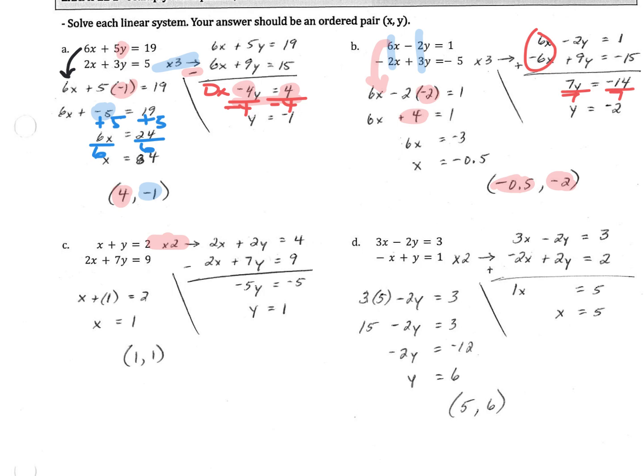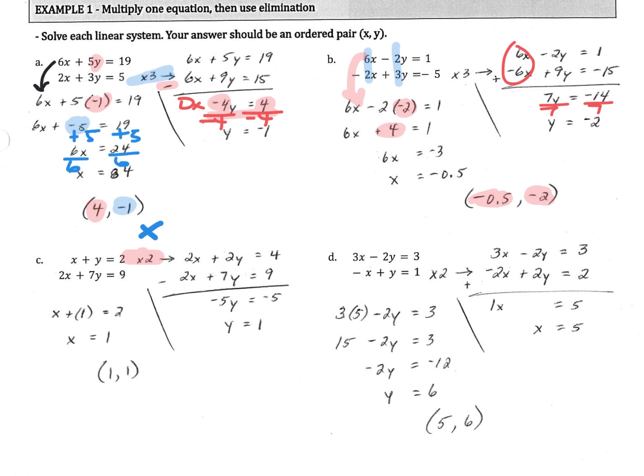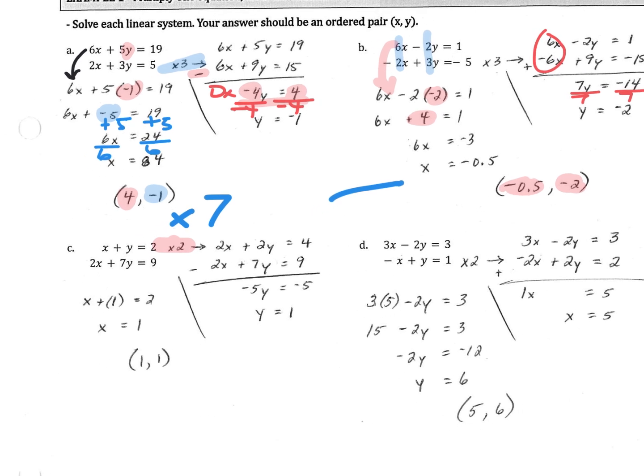We also could have multiplied the top equation by 7, because to get y and 7y to match up, we could do times 7. Either one would work, but I just chose times 2.